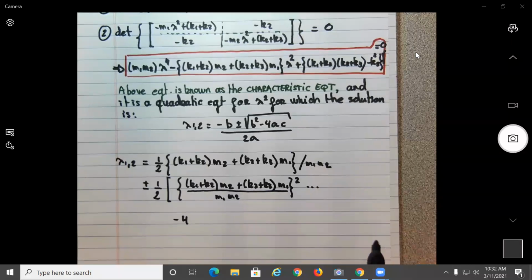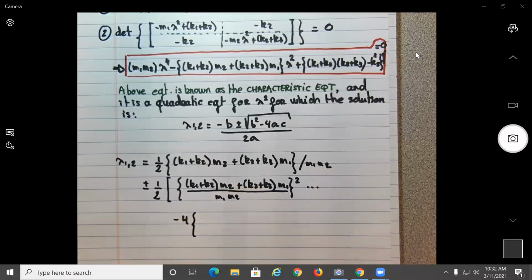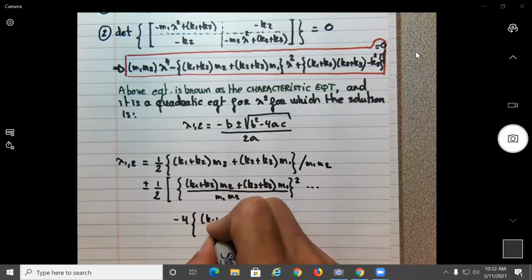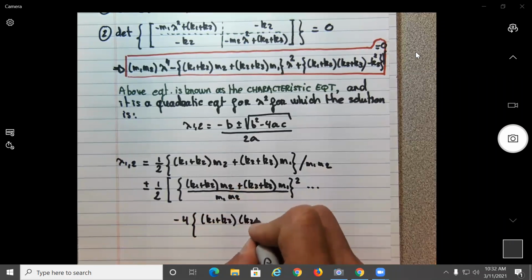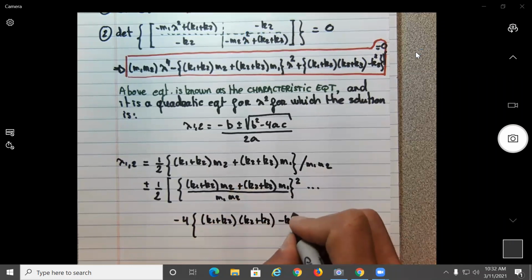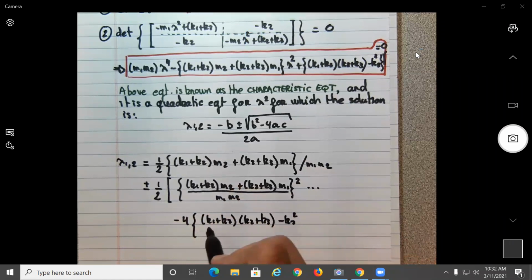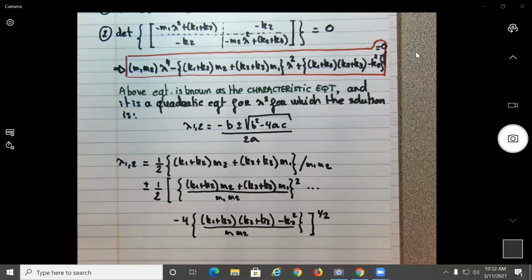Let me just write it as I have it on the class note, minus 4, and then this term will be here. K1 plus K2, K2 plus K3, minus K2 square, divided by M1, M2, and everything should be the square root.